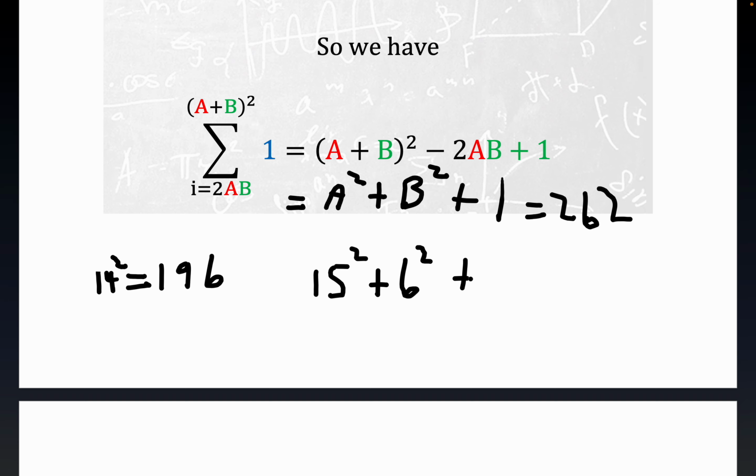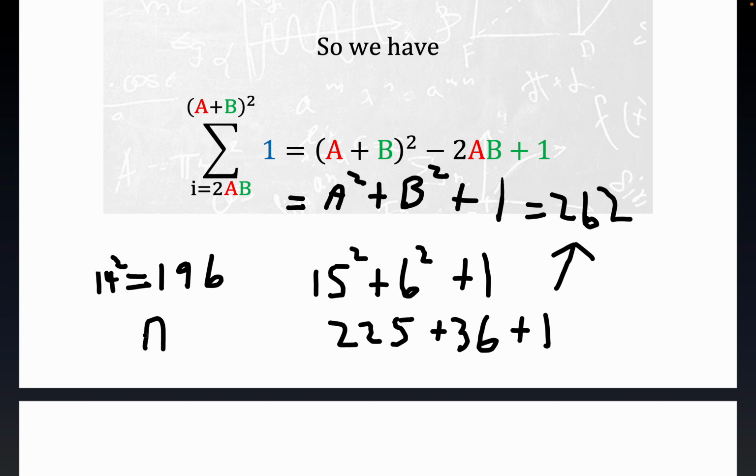There's a lot of checking you can do arithmetically, but this would be 225 plus 36 plus 1, right? And so that's 262. So what we know is that a pair of solutions would be a equals 15.